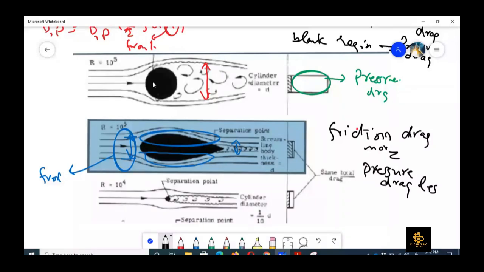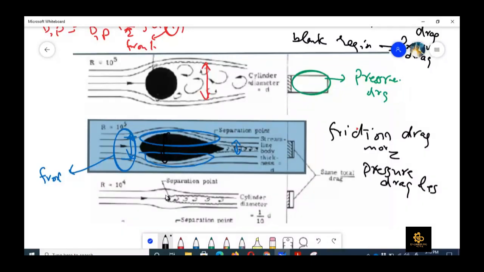Now the second interesting thing which I wanted to show is the figure on the bottom. That is the circular cylinder here, and it has a diameter which is 10 times less than this total height, right? One thing is very interesting: the drag force on these two objects is equal.